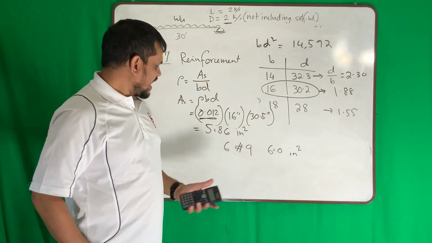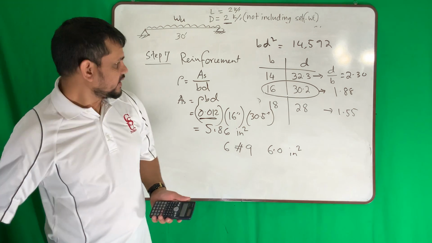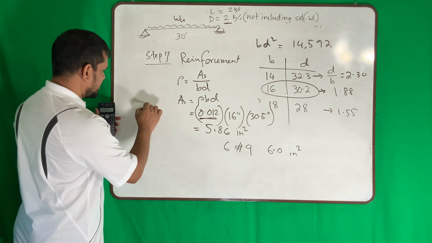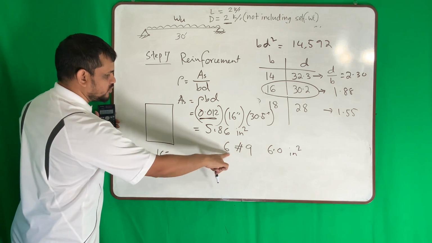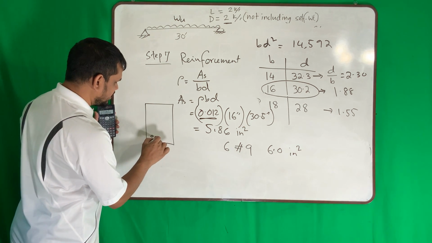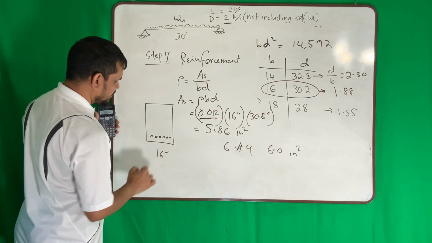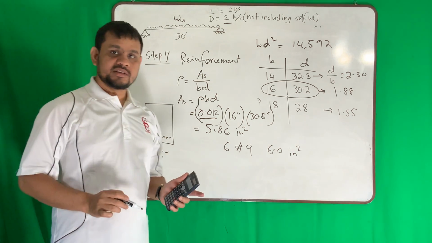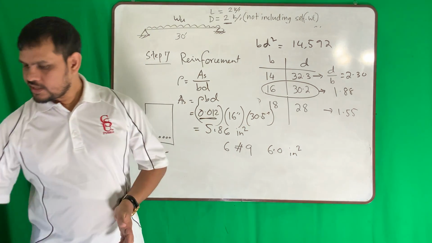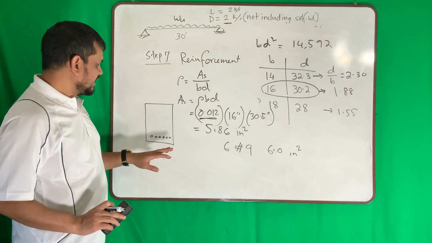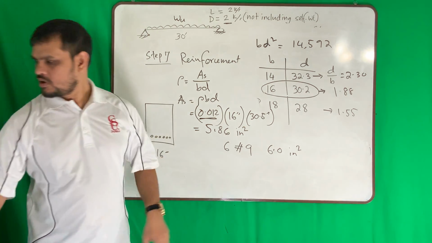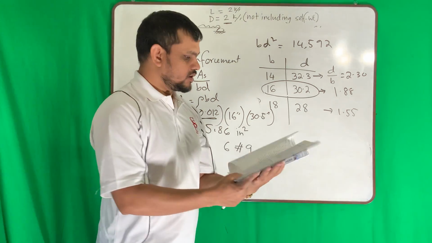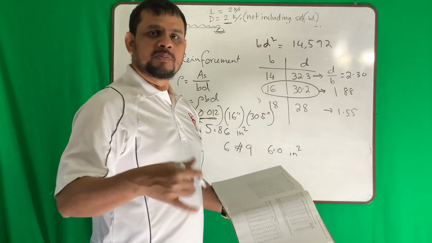Yeah, I am happy with this, but again something to consider. In this 16 inch, you have to accommodate 6 bars. It is tight. You have to check it. Okay, let us check whether this is a good design or not. But what are the alternatives? Alternative is, here you have to play a lot.